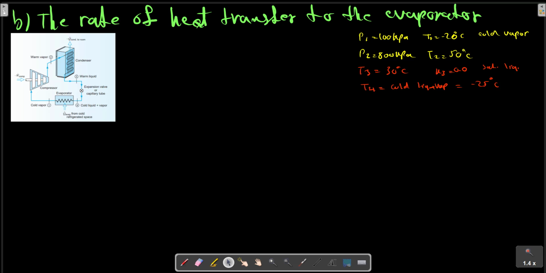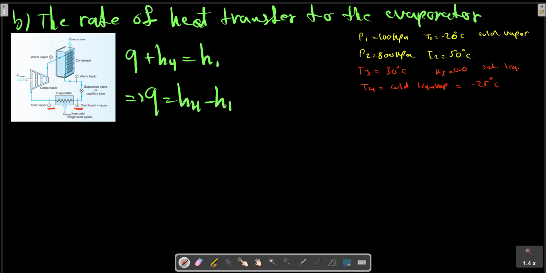For the evaporator, we can write this relation: Q plus H4, the differences in kinetic and potential energy terms are 0, we have H1, the work also is 0. So Q is H4 minus H1.